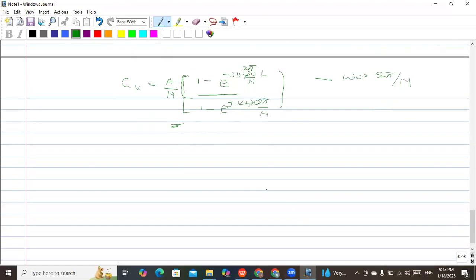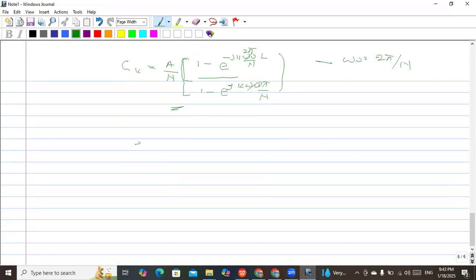If you know the Euler formula, e to the j theta is equal to cos theta plus j sin theta, and e to the minus j theta is equal to cos theta minus j sin theta. If you subtract e to the power minus j theta from e to the j theta, what happens?